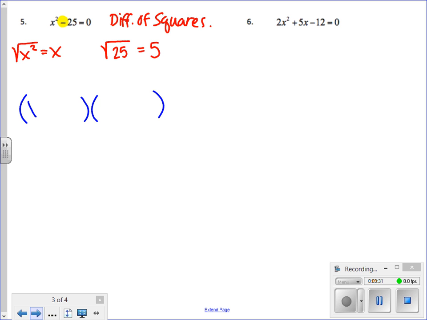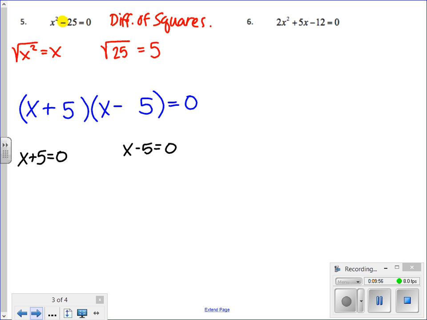So here I put the x in both parentheses, the 5 in both parentheses, and a plus and a minus in each. Now that it's factored, I'm going to use the zero product law to find the solutions. So I'm going to take x plus 5, set that term equal to 0, and take x minus 5, set equal to 0. That helps me find the solutions to the quadratic.